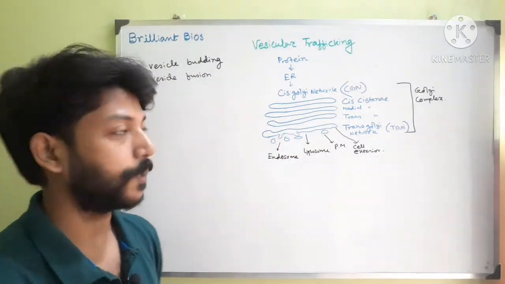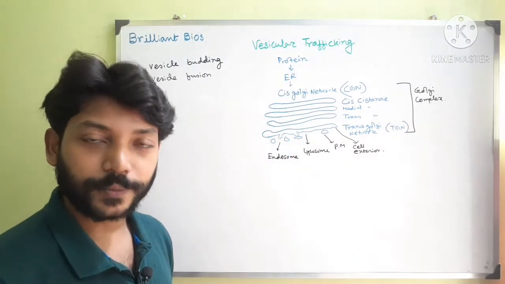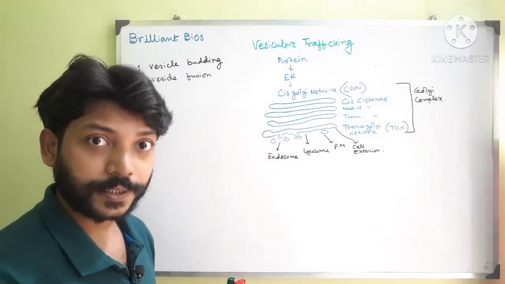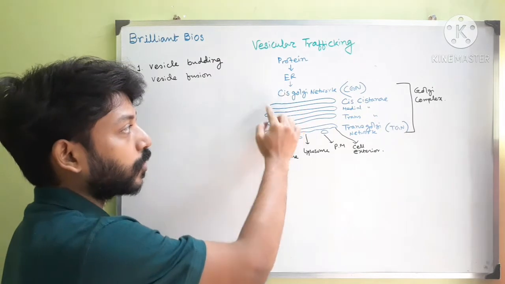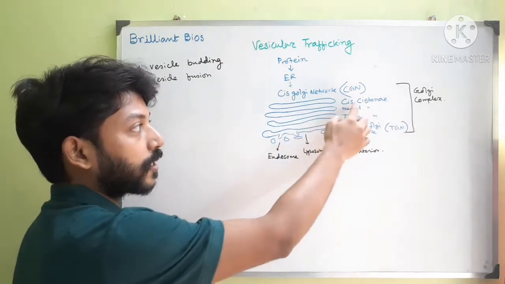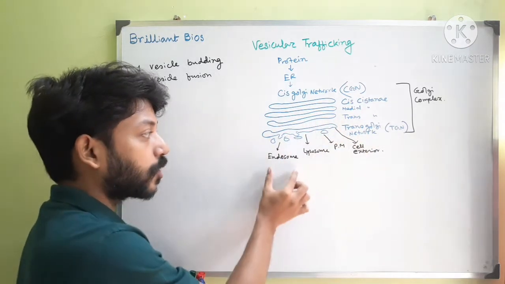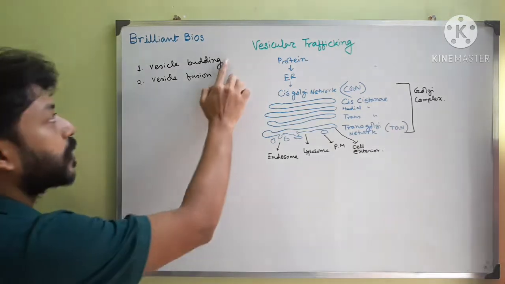I am giving you an example. When a protein enters inside the ER, I have discussed that in my protein sorting class. But from the ER to the cis-Golgi network, from the cis-Golgi network to the cis-cisterna, from the cis-cisterna to medial to trans to the trans-Golgi network, and ultimately to these destinations, all these events occur only by these two ways.